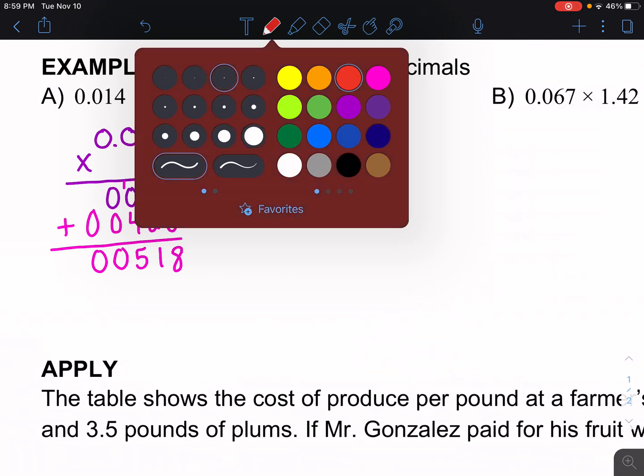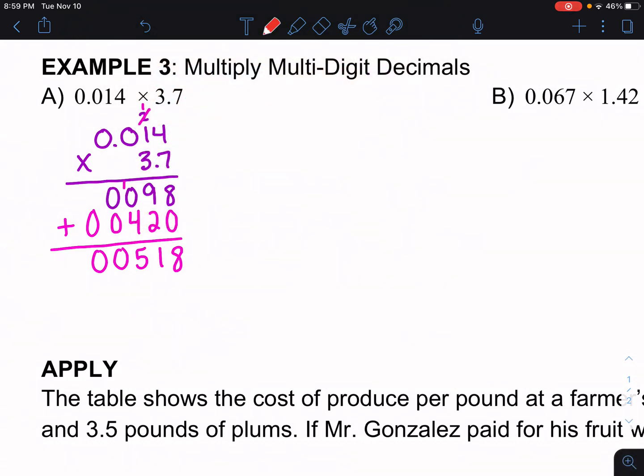Now I have to count the decimal places that I have. So I've got 1 right here, 2, 3, 4. So I'm going to put my decimal in 4 decimal places from the end of the number. So 1, 2, 3, 1, 2, 3, 4. And my decimal is going to go right here.